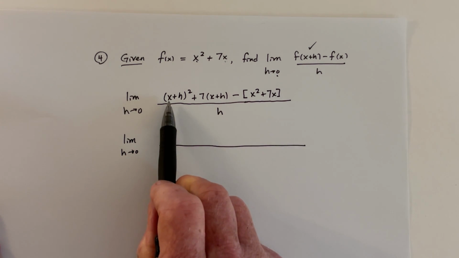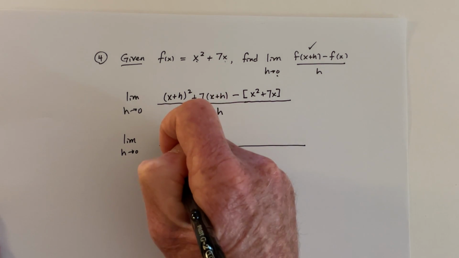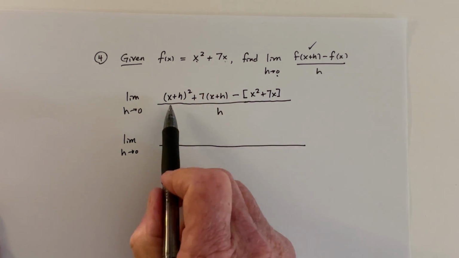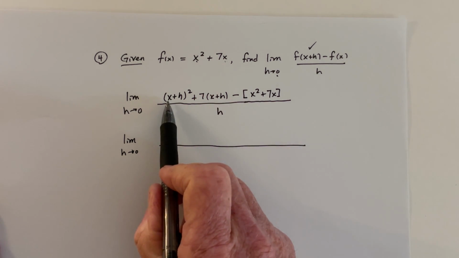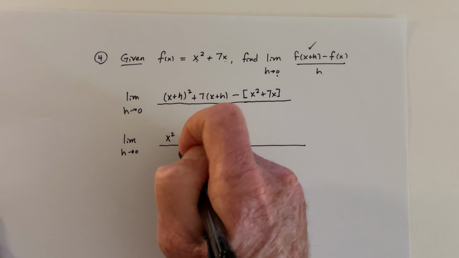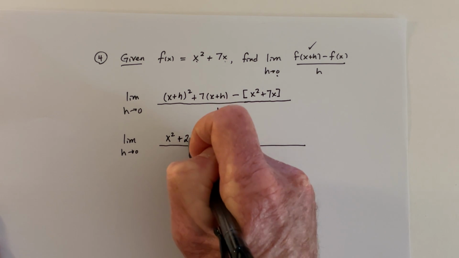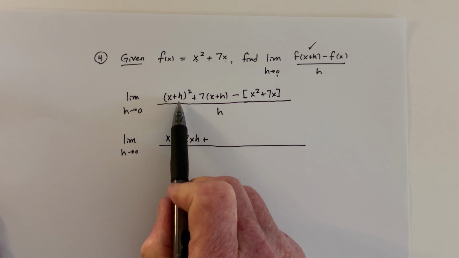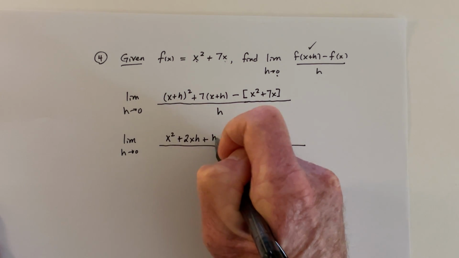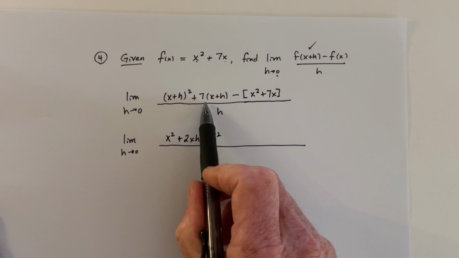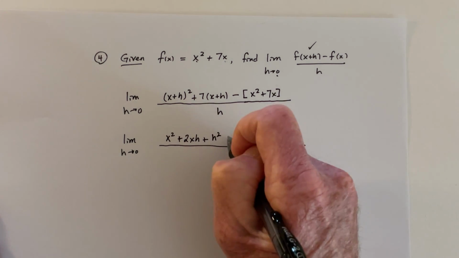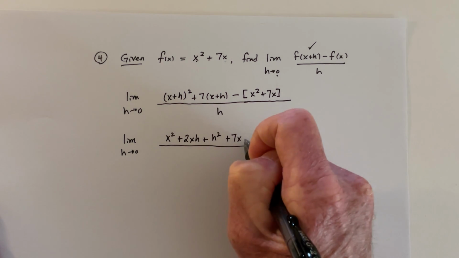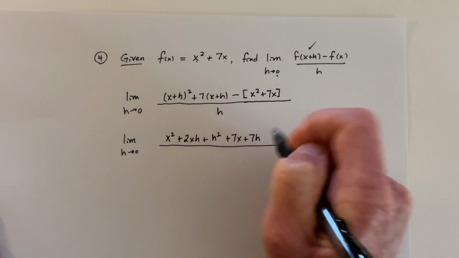When you square a binomial, you square the first thing, x squared. Then multiply the two terms, x times h, and double that, plus 2 x times h. And then you square the h. Over here, just distribute the 7, so that's going to be plus 7x plus 7h.